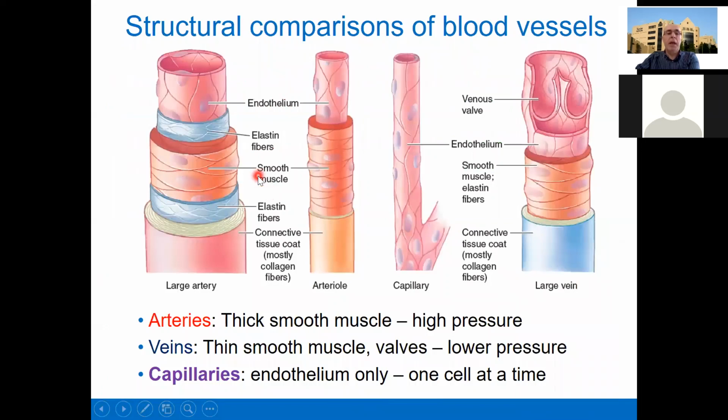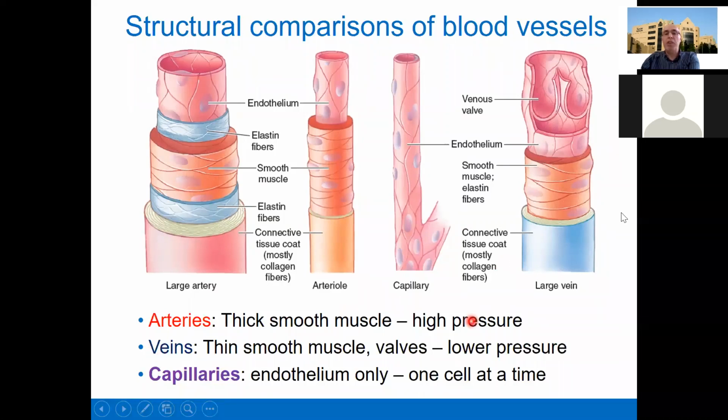Okay, as you see here, the different types of vessels. Arteries have thick smooth muscles, and also the blood pressure is high in arteries, because these thick smooth muscles create blood pressure in our body.